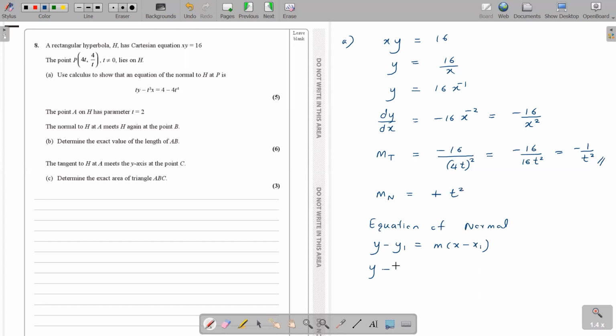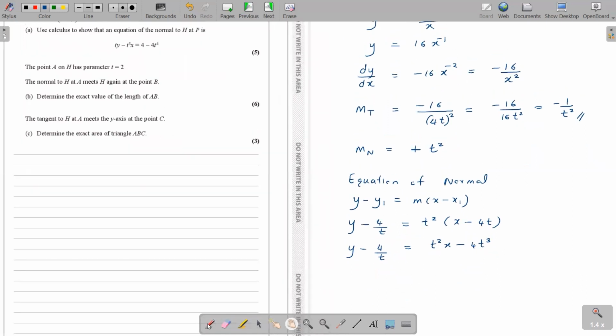So y1 is 4 over t, right? Because you're finding the normal at the point P. The gradient is t square. x1 is 4t. So y minus 4 over t equals t square x minus 4t cube. Are you with me?